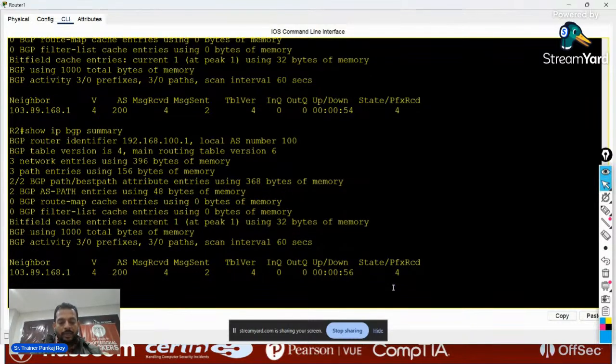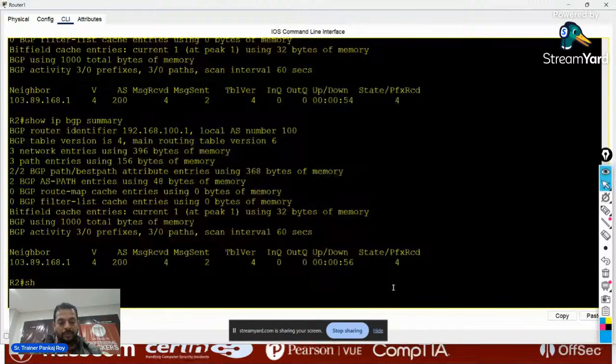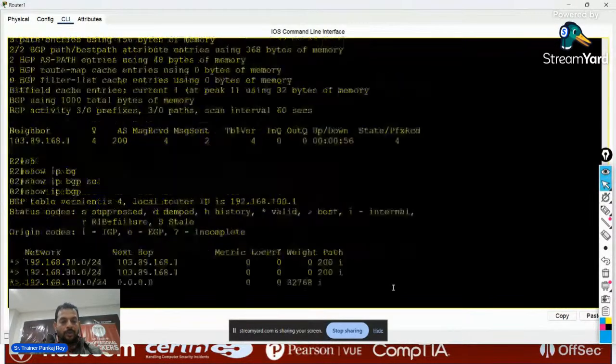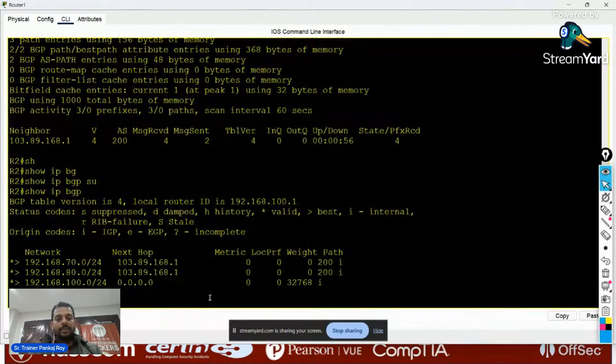So show ip bgp. I just want to look at the path 200 for router 2. If you want to look at network 70, 70 is a local network with next hop 1, 80 is a local network with next hop 1, and the default route is allocated.